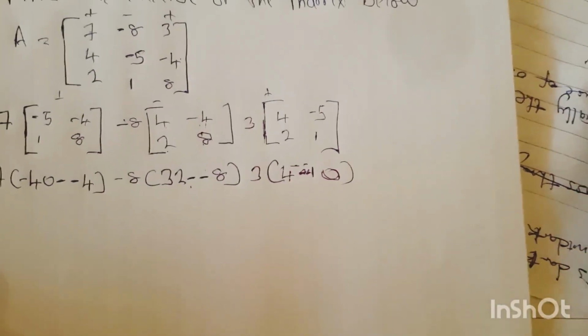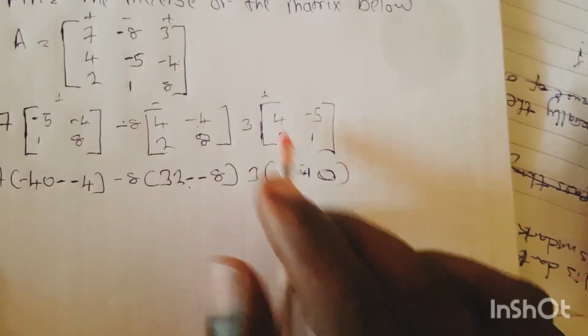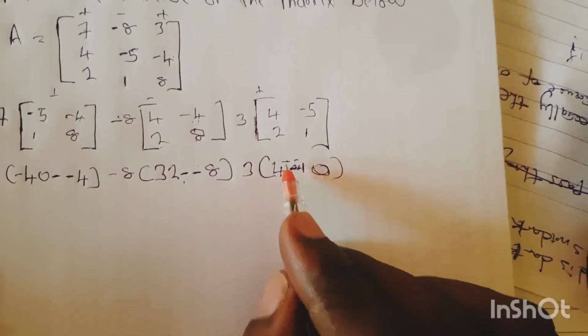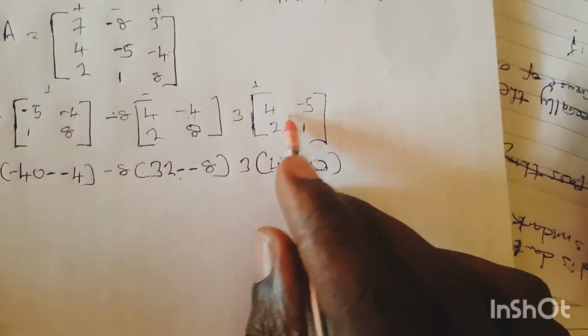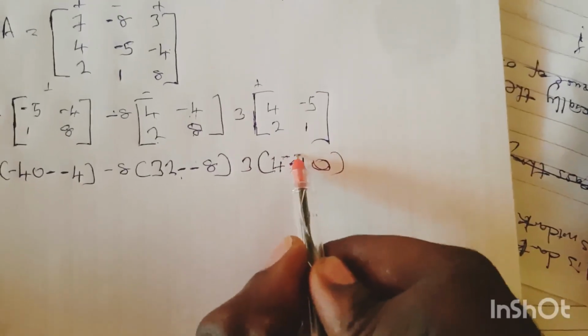Because this times this, we subtract from this times this, so here is going to carry minus already. Then this 2 times -5 is going to give us -10. So that's why it's -10.